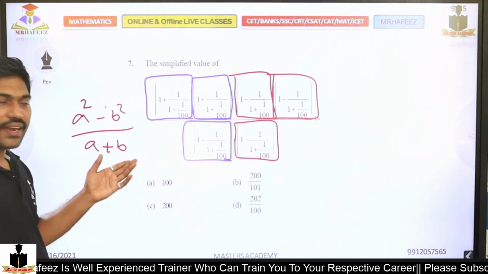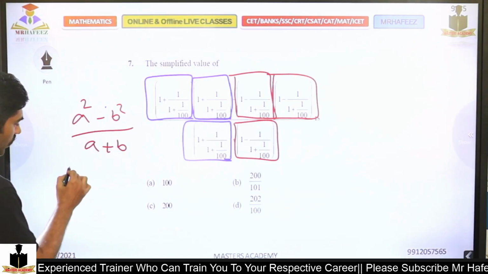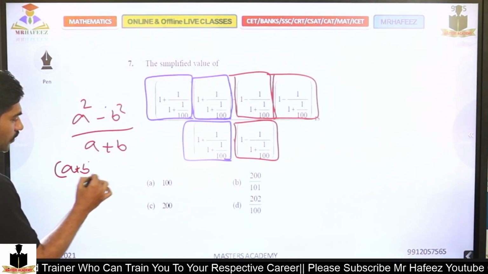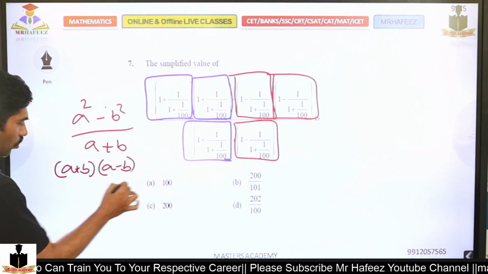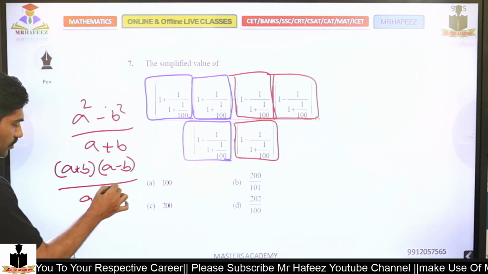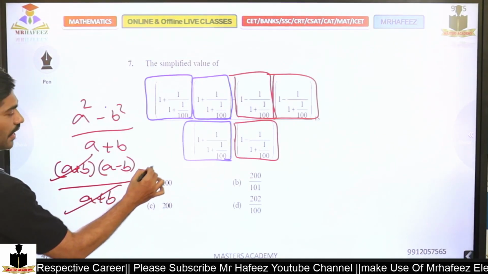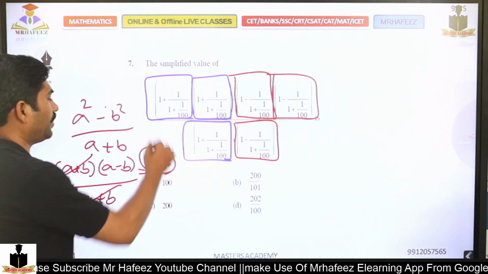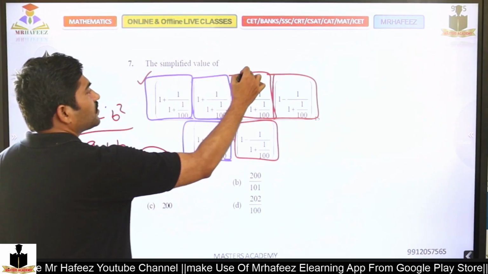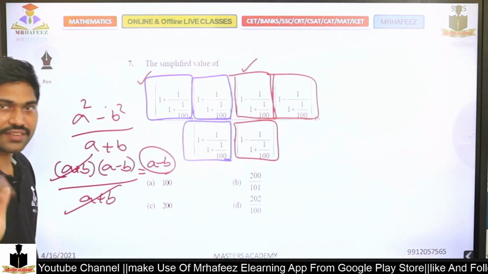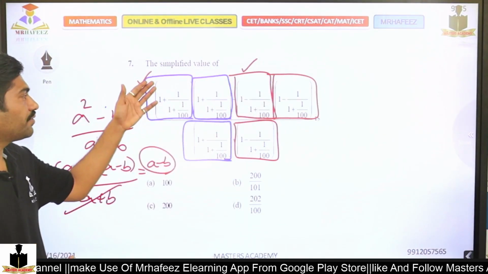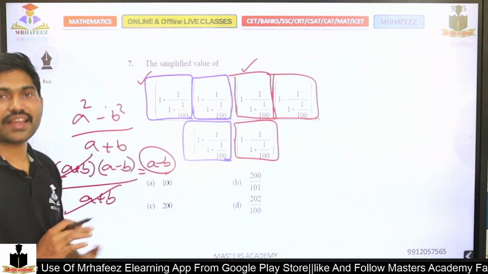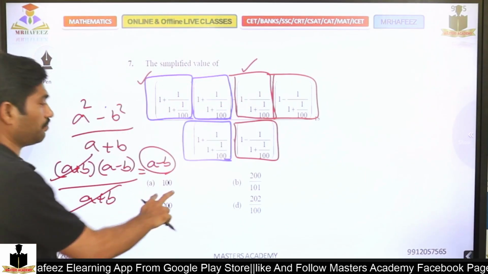You all know a square minus b square is a plus b into a minus b, and whole divided by a plus b. So this and this will get cancelled. I will get a minus b. Then the value of this minus this is my answer. That's it, very, very simple.